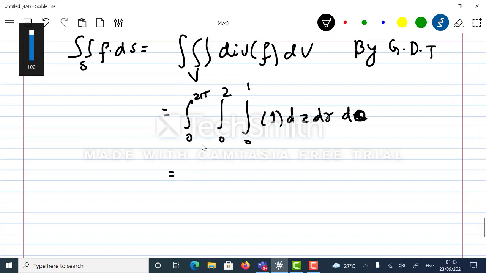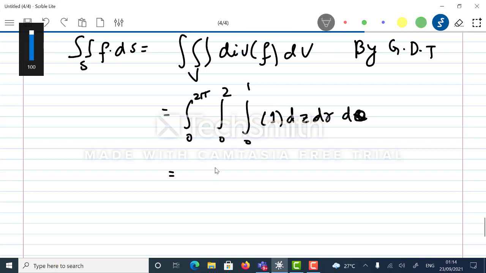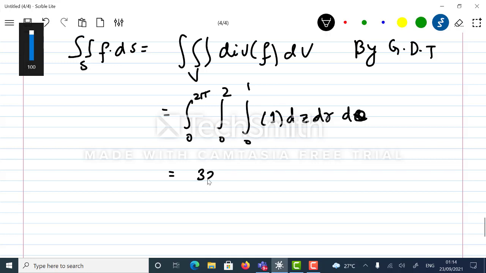If I do all the calculation, then I think we should get 32 pi. You can cross check this at home, that is not a difficult part.